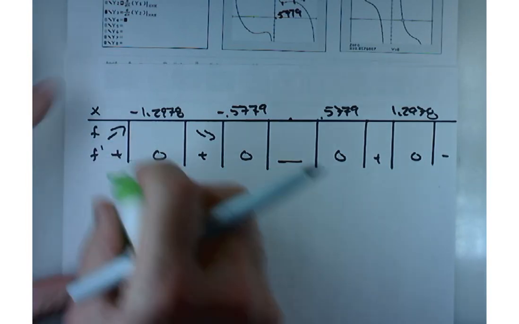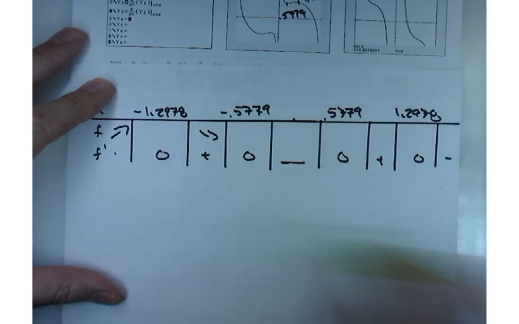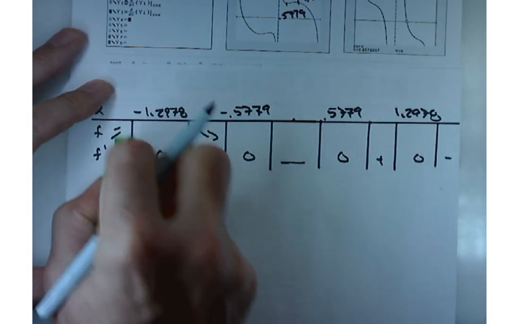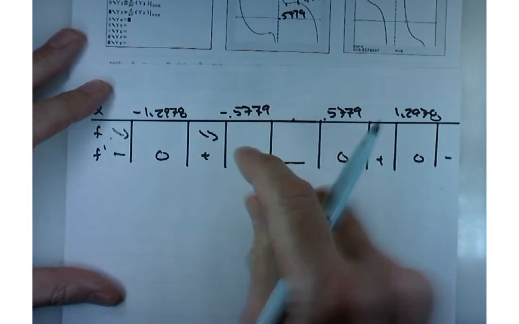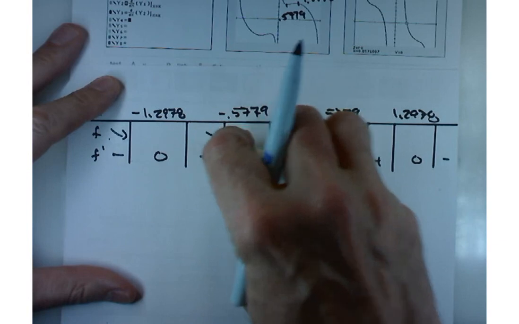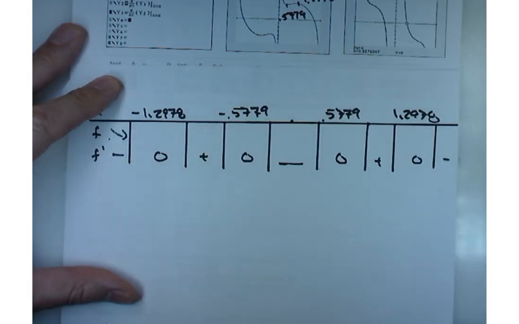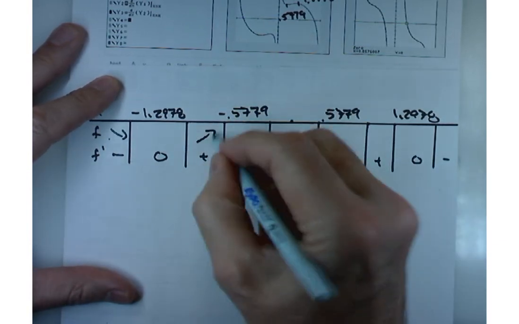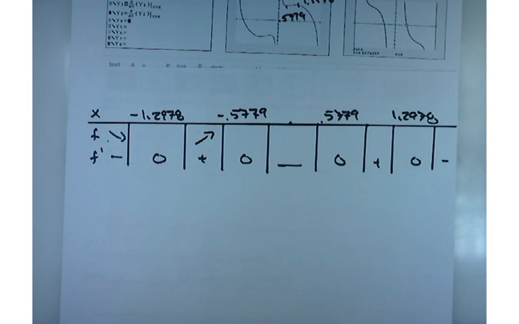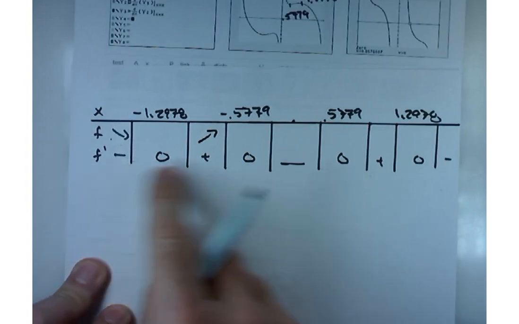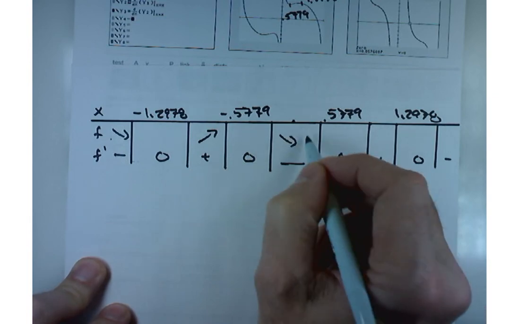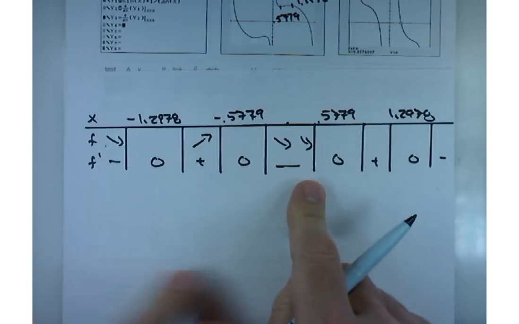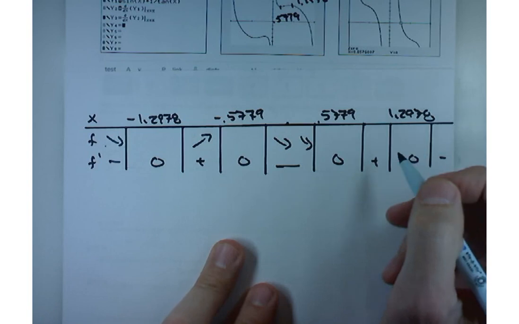So it's decreasing. And then increasing. A lot of times functions will alternate sign in terms of increasing and decreasing, but not always. Decreasing, increasing, decreasing, decreasing again on both sides of 0. And then increasing, then decreasing.